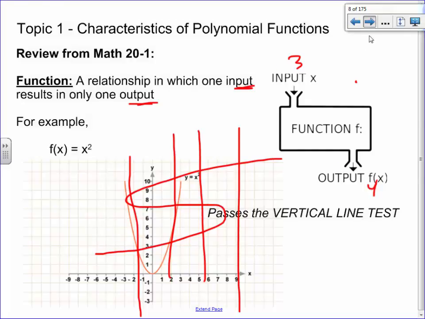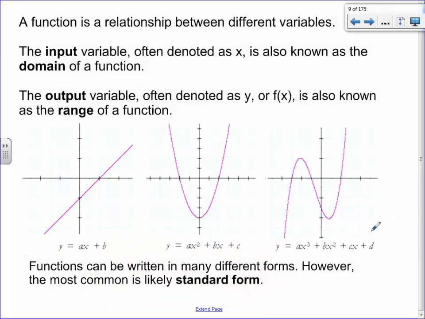Okay, moving on. Here's some vocabulary. You guys know the words input is like your x value, and that's the domain. You guys know these words? So domain is x values. Those are what you input into an equation. So if I give you y equals 3x plus 5, the input would be, well, what do you want x to be?